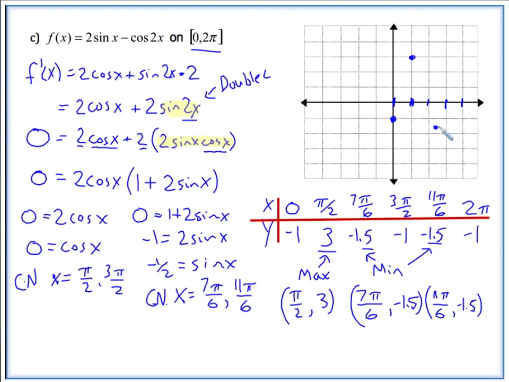And then we have 3 pi over 2, which is at negative 1. Then we have 11 pi over 6, and that's also at negative 1.5. And then we have 2 pi is at negative 1. And so we can kind of join our curve together here.